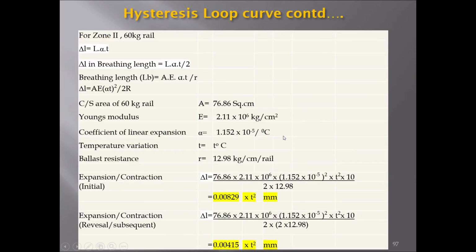Based on that, for your understanding, I have made an example for zone 2 and 60 gauge rail.